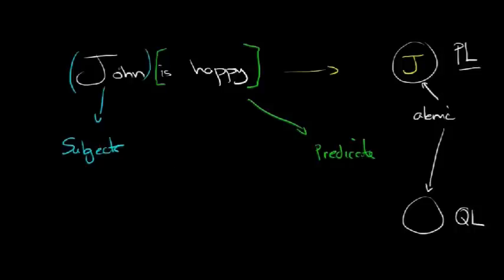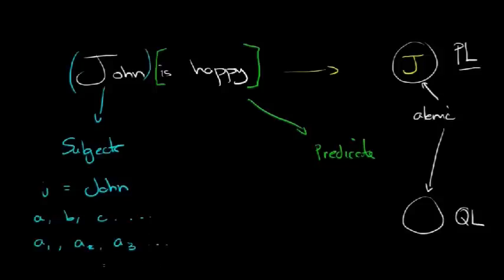In QL, our subject, John for instance, we might translate as a lowercase j, and all of our subjects will be lowercase letters from the beginning of the Roman alphabet. So we could have a, b, c, and so on, and we could also subscript, so we could have a1, a2, a3, and so on.